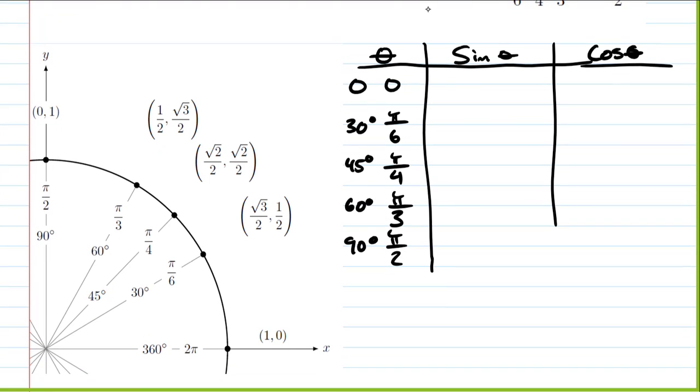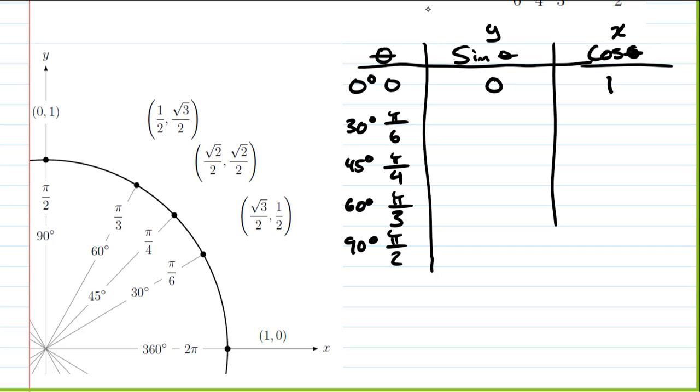So we look at our unit circle. If we want to know what the sine of 0 degrees is, that's on the positive x-axis, so we go out here, and we know that sine is y and cosine is x. So our y-coordinate is 0, so the sine of 0 is 0, and our x-coordinate is 1, so the cosine of 0 is going to be 1.